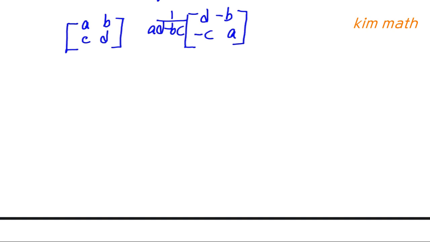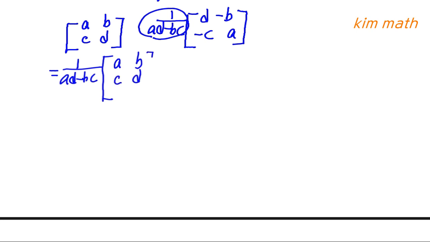Now if I multiply these two things, you can copy the number in front of the whole multiplication. So not this one first. 1 over AD minus BC times A, B, C, D times D, negative B, negative C, A.